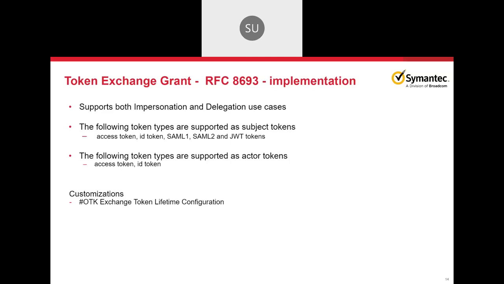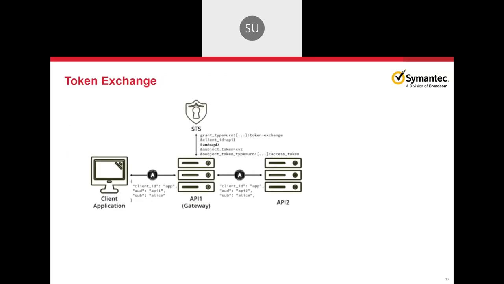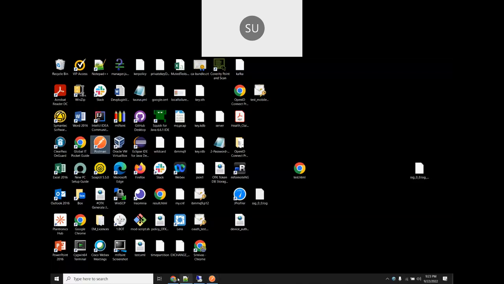I will just show the same example that I explained in this diagram, where I have configured two gateways. The first gateway is acting as the authorization server as well as a resource server, and API 1 is deployed on the first gateway. There is another gateway which is acting as a resource server, and it has API 2.